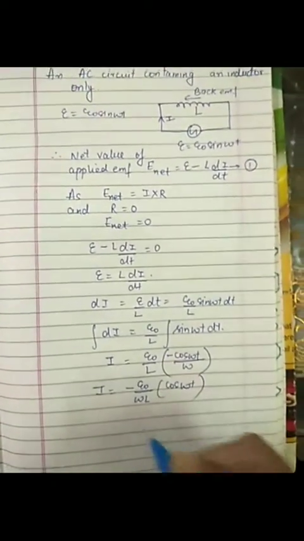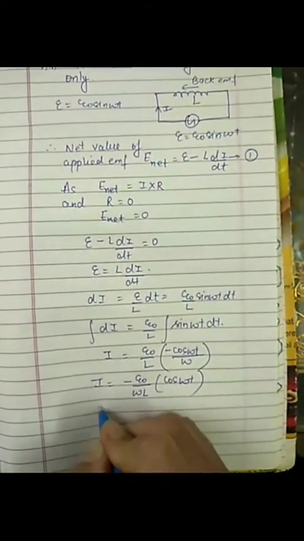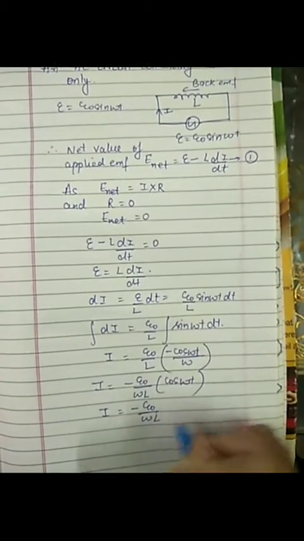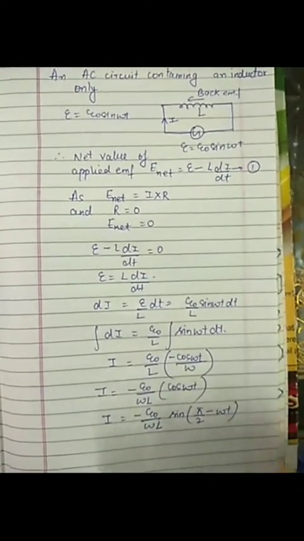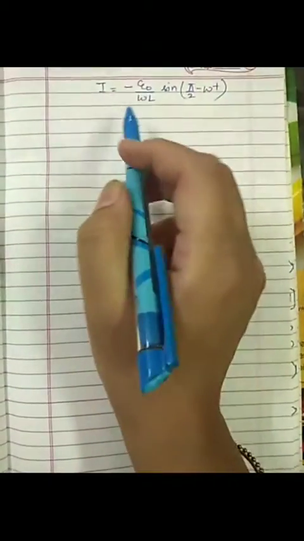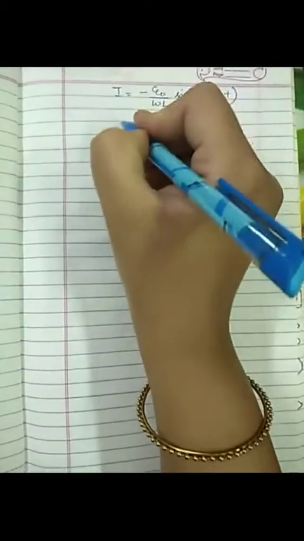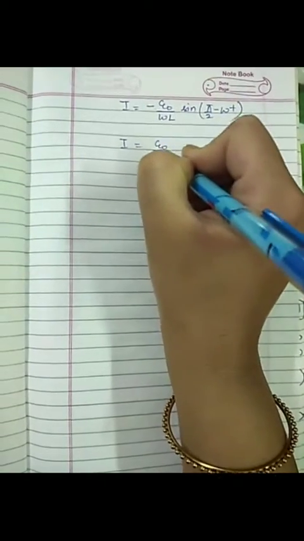Now, cos omega t can be written as sin of pi by 2 minus omega t, so I equals minus epsilon naught upon omega L sin of pi by 2 minus omega t. With the help of the negative sign, the equation can be rewritten as I equals epsilon naught upon omega L sin of omega t minus pi by 2.